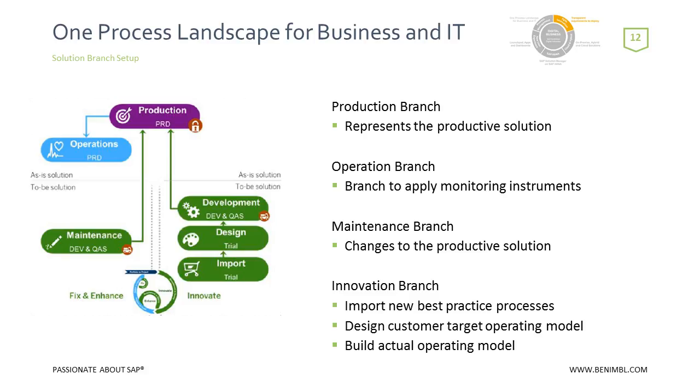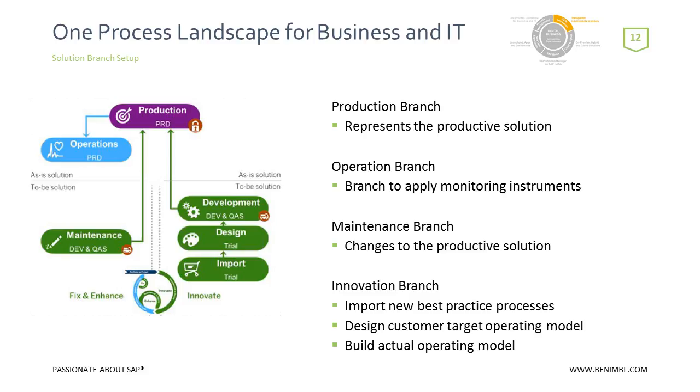So the production branch, which is usually locked, is your golden understanding of what your business processes are in your environment. The operations branch is where you would run things such as technical monitoring and all of that good stuff. The maintenance branch is where you are working on your day-to-day stuff, so minor enhancements for the company, etc. Right? And then you have the development branch, which is where you truly do the innovation.